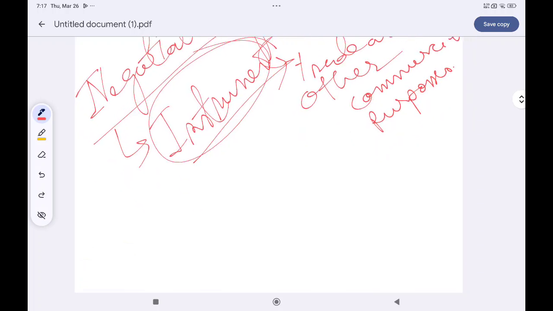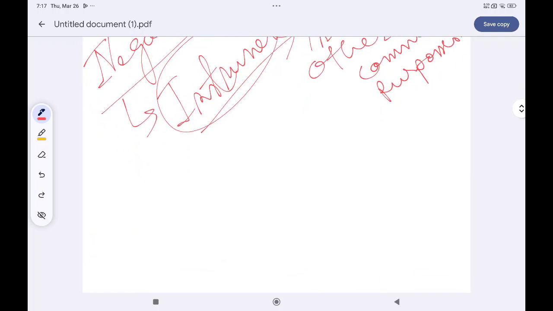We generally understand that an instrument is a kind of tool or thing with which we can do an activity, like a guitar is a musical instrument, and a cricket bat is a playing instrument.